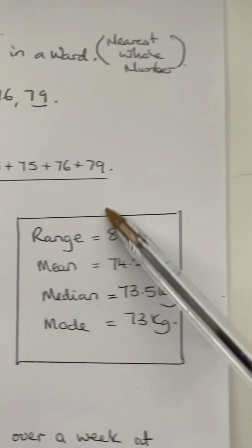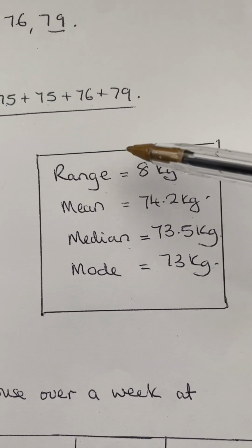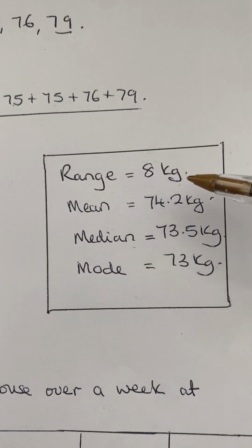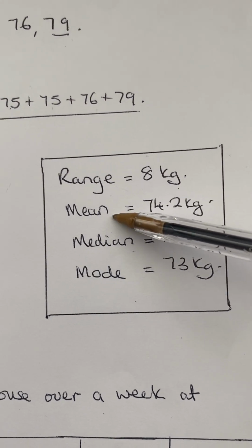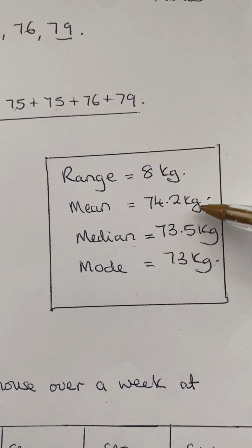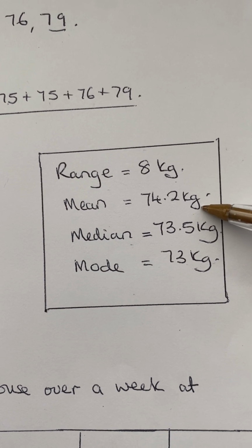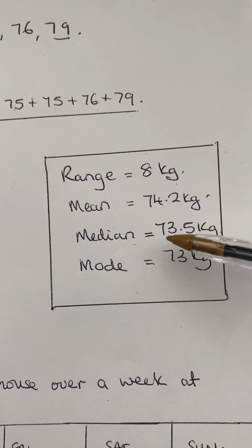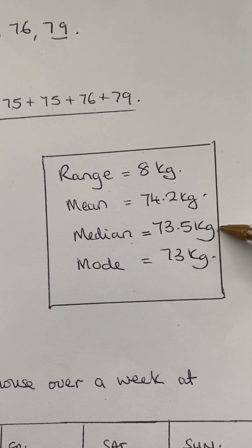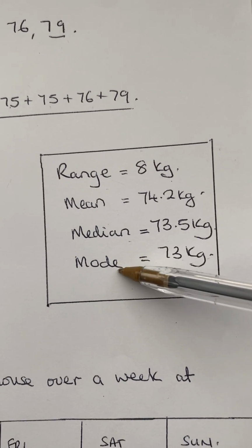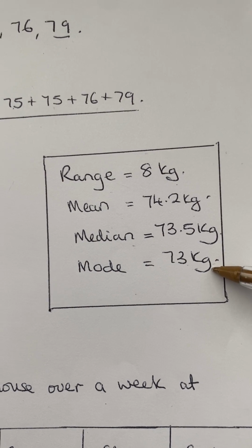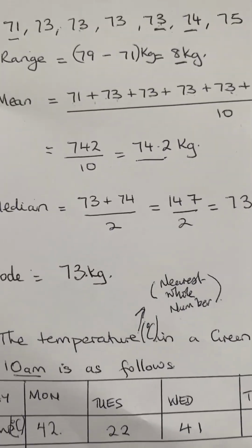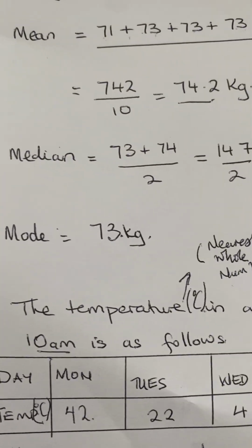So in my box here, the range is 8 kilograms. The mean is 74.2 kilograms. The median is 73.5 kilograms. And the mode is 73 kilograms. Okay, so this is what we've been doing so far.